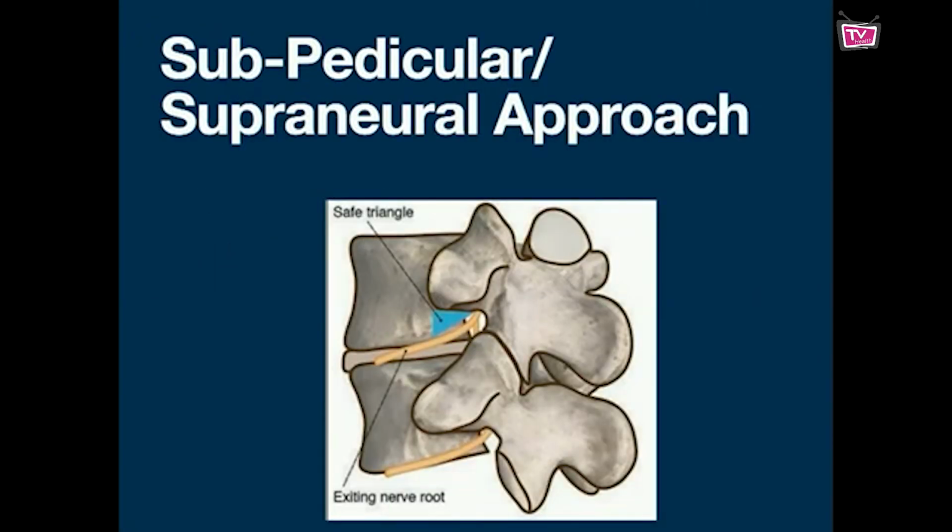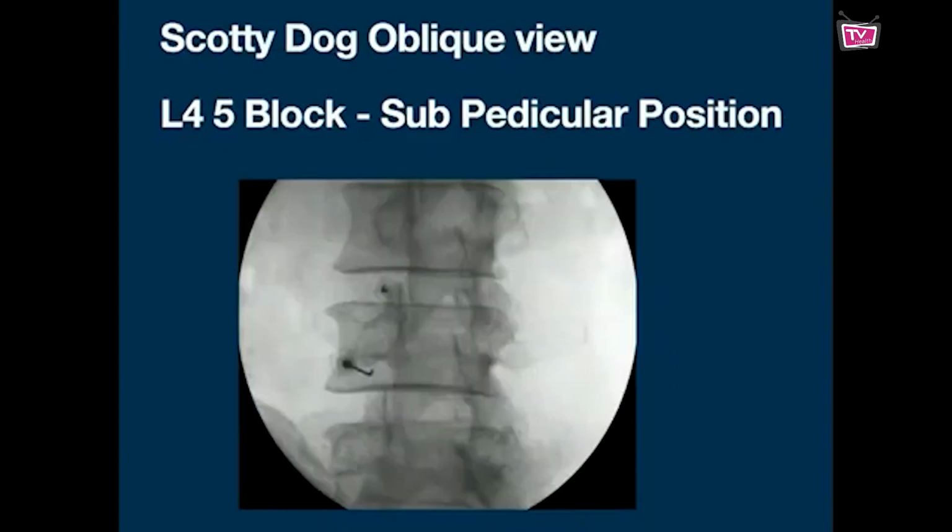Again, this is a subpedicular approach, the supraneural approach, where you place your needle in the superior part of the foramen, and you give a tip bend so that when you push it inside the foramina, you go based on your fluoroanatomy. There is nothing like how much lateral to the midline; it is based on the fluoroanatomy. You just have to orient your C-arm, place the needle, and then check the point of entry.